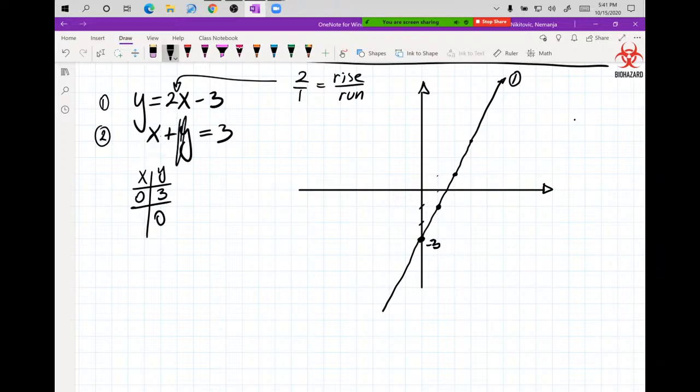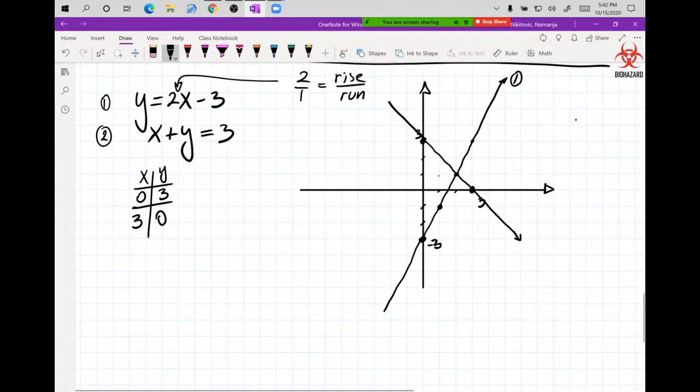When you plug in y equals 0, then x equals 3. Together, these give us our x and y intercepts: 1, 2, 3 for the y intercept, and 1, 2, 3 for the x intercept. Then we connect those two with a straight line. That's going to be our line number 2. We put arrows usually at the end to signify that this will go on forever.